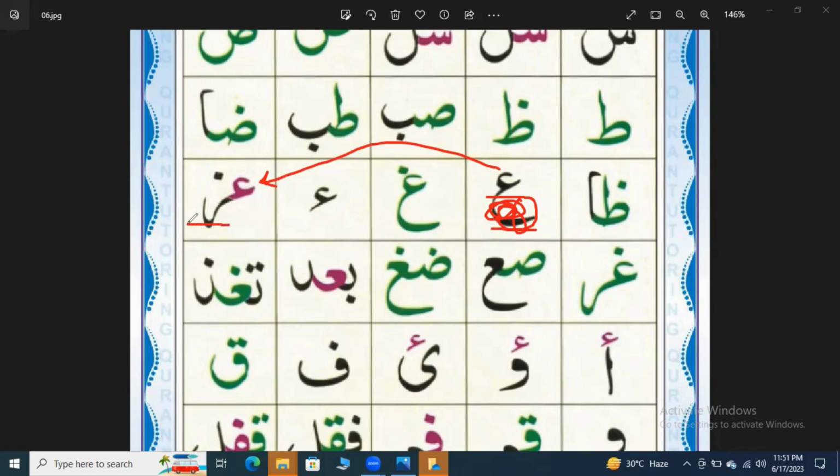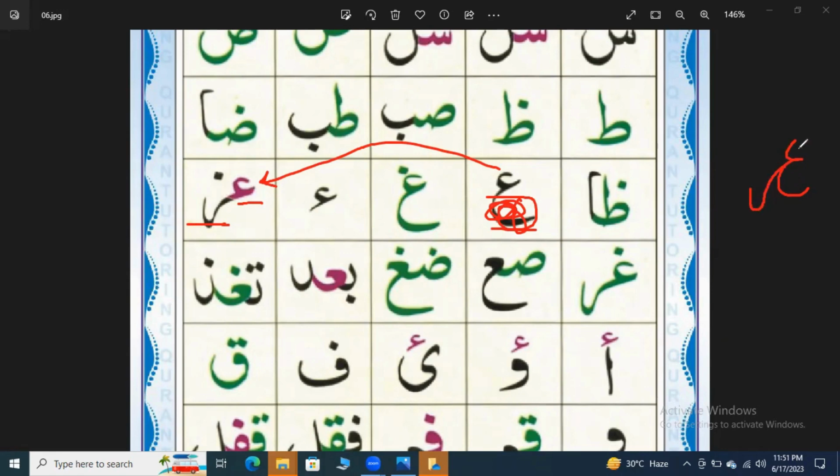The first one is Ain, and this one is Za. Ain Za. Let me write here. This is Ain, and if I cut this lower part, it will go like this.